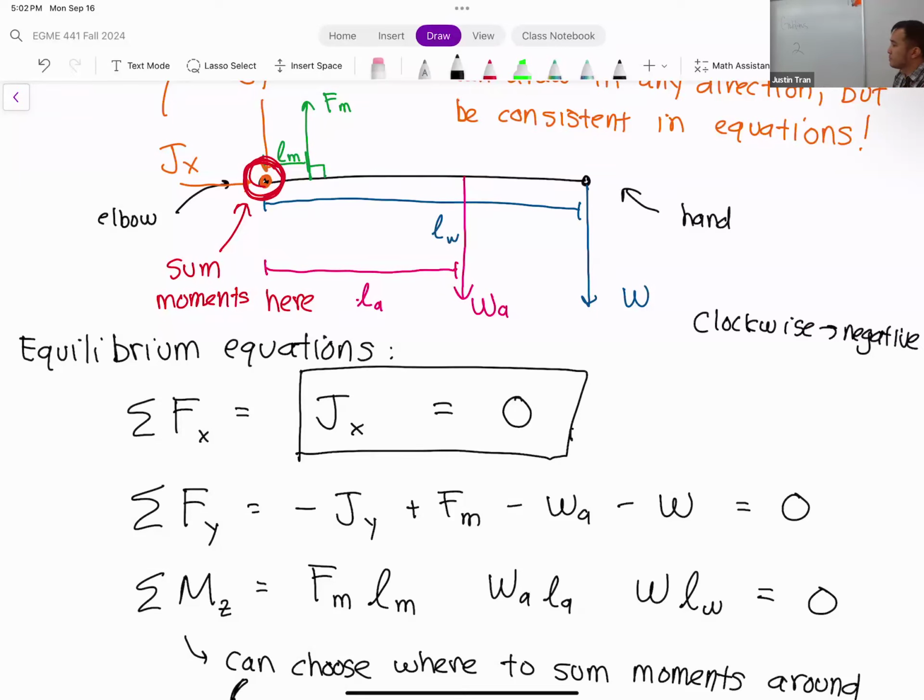Whereas if the moment caused by the force would cause a counterclockwise rotation around the joint, I call that positive.